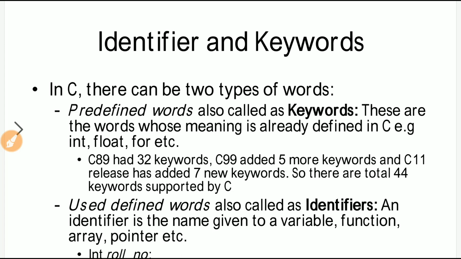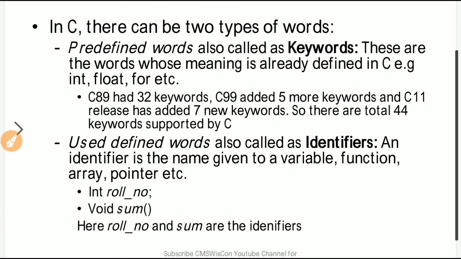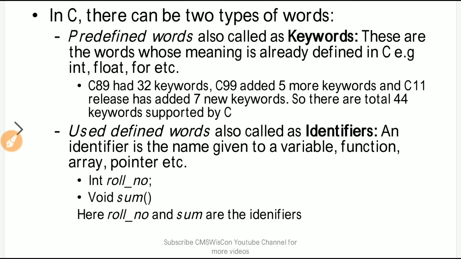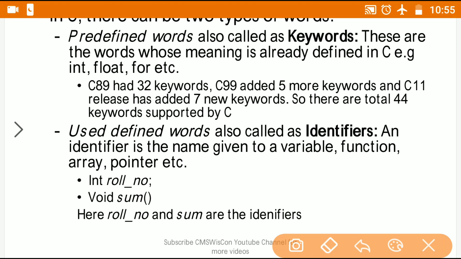And there are user-defined words that are also called identifiers. A user can define different words as per his need. A programmer can define different words, and an identifier is just a name given to a variable, function, array, pointer, etc. So here you can see int roll_number.